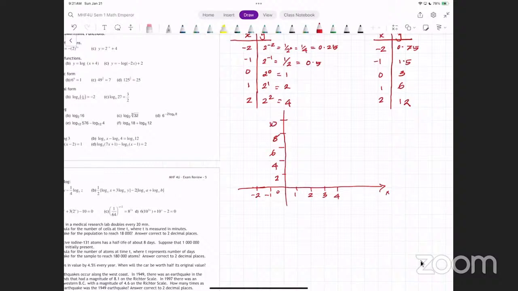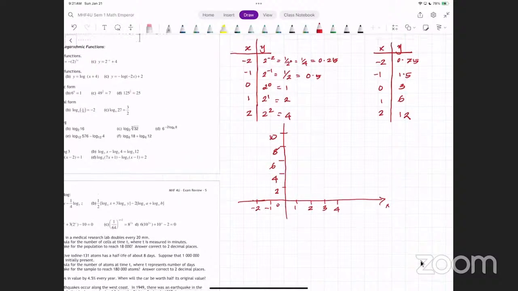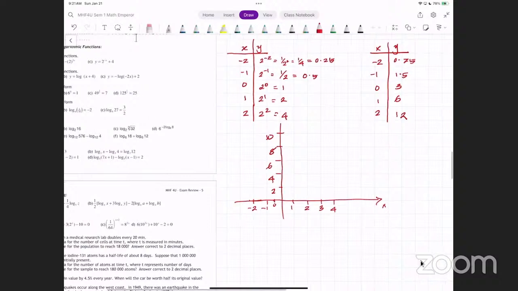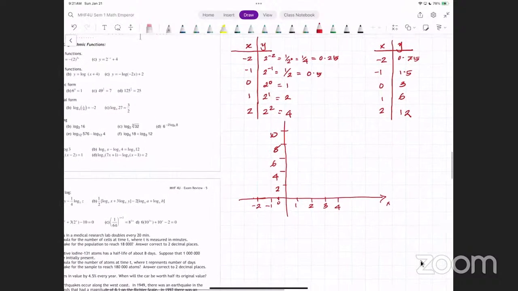So first, for our original parent function, we've got -2, 0.25. That's going to be somewhere here, isn't it? At -2, this is going to be 0.25, half here. So this is the first point. Then I've got -1, 0.5, so that's going to be this point. Then I've got 0, 1.